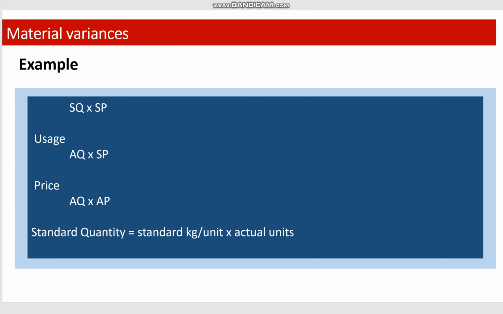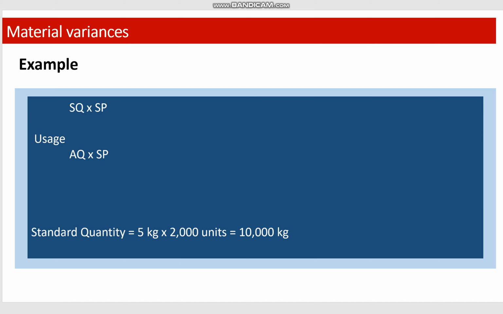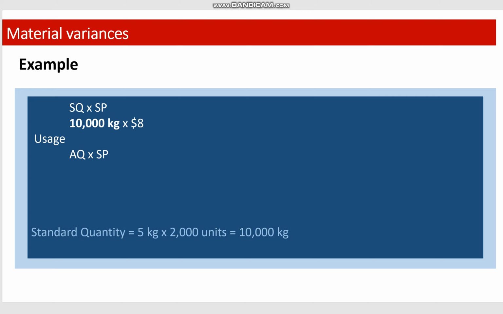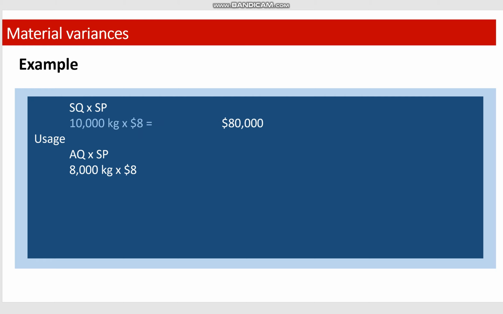Okay, so here we go. First of all, the pro forma: standard quantity, standard price, actual quantity, standard price, and actual quantity, actual price. Standard quantity is standard kilograms per unit times actual units. So standard quantity is 5 kilograms per unit and we produce 2000 units, which gives us 10,000 kilos. Here we insert it times the price and we get $80,000.